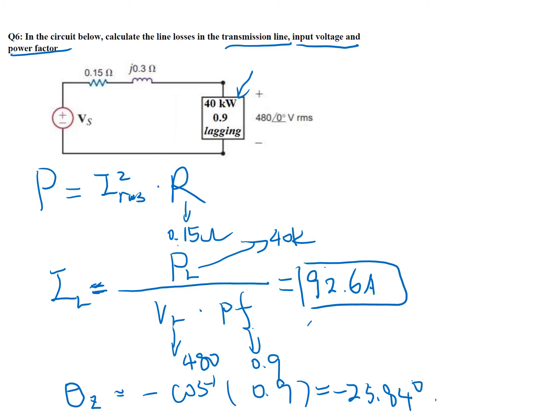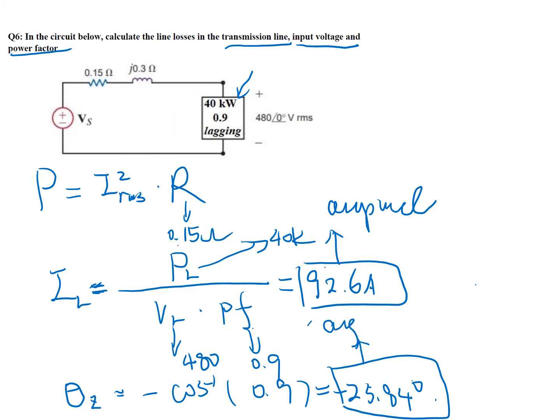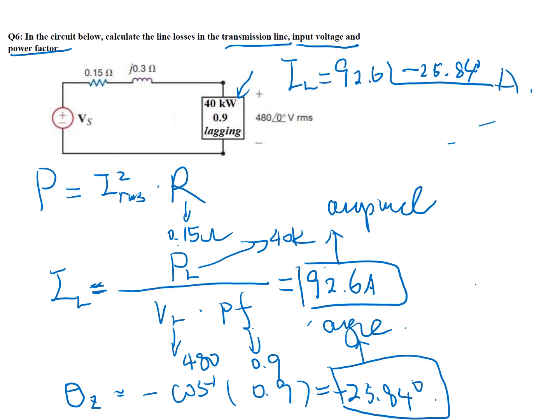So here we found the amplitude, and here we get the angle. So IL is 92.6∠-25.84° RMS.